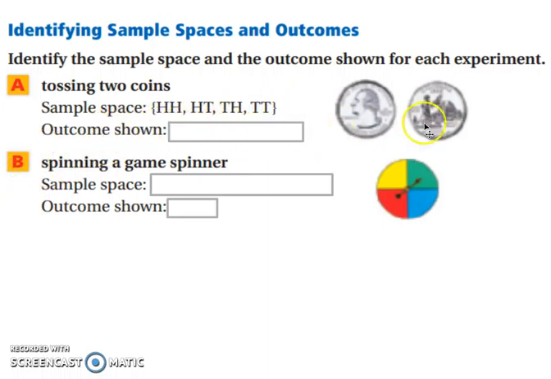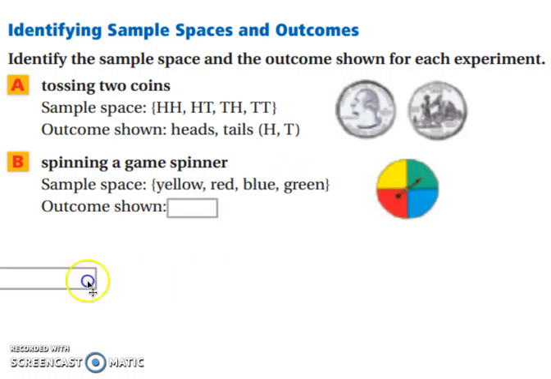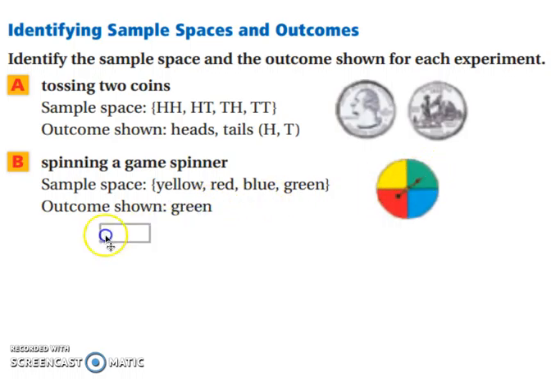And the outcome that we happen to see over here, 1 coin landed on heads and the next on tails. So the outcome is heads tails. When spinning a game spinner, the sample space for the spinner at the right is yellow, red, blue, and green. And it landed on green, so that's the outcome.